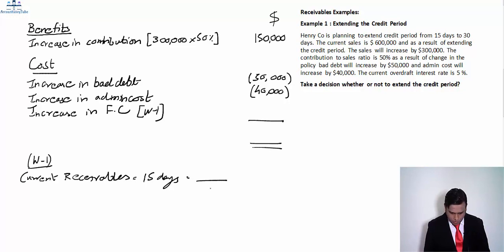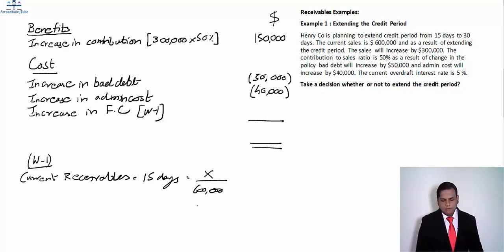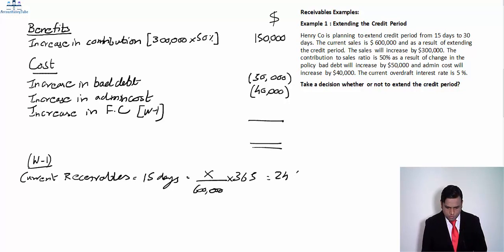We do not know the figure of receivables, so we are putting an X over here. It's a receivables formula, that is receivables divided by credit sales multiplied by 365. That was the formula we learned in the ratios. So 365 it is, and when we compute all this, the missing figure of receivables becomes 24,658.